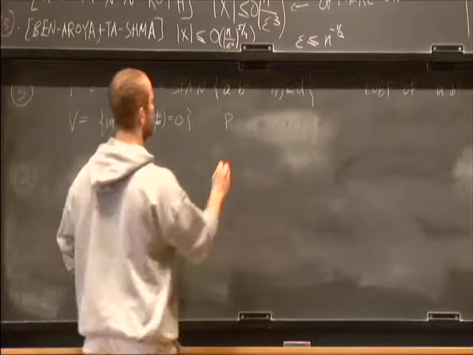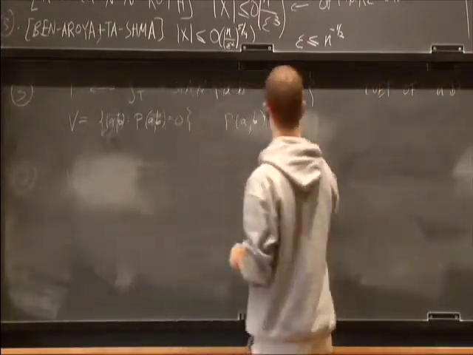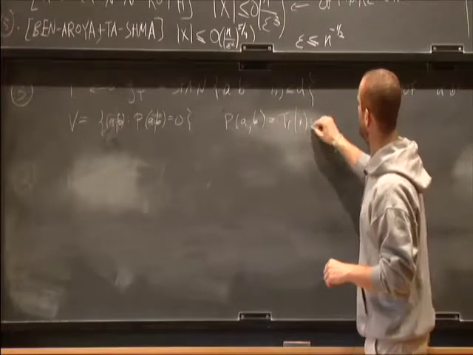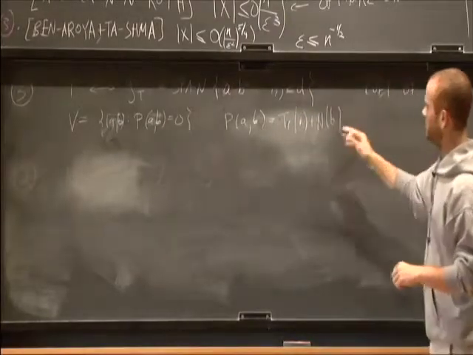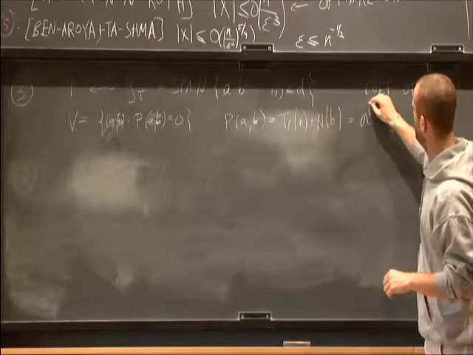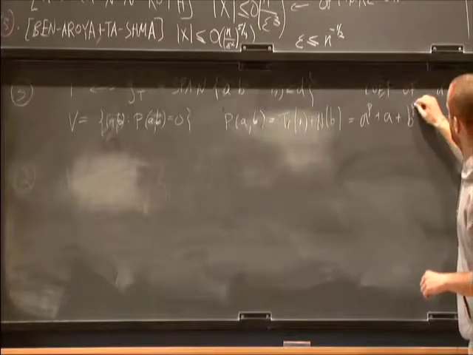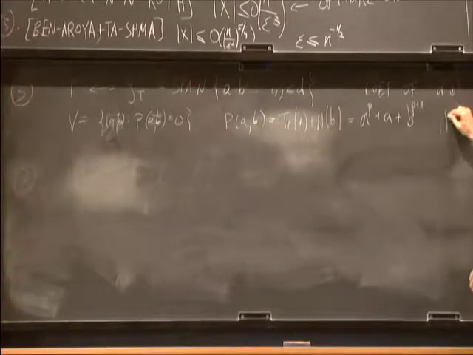But we will choose a specific polynomial, which is trace of A plus norm of B. This is just notation. This actually means A to the power of P plus A plus B to the power of P plus 1. And we will fix the field to be Fp squared.